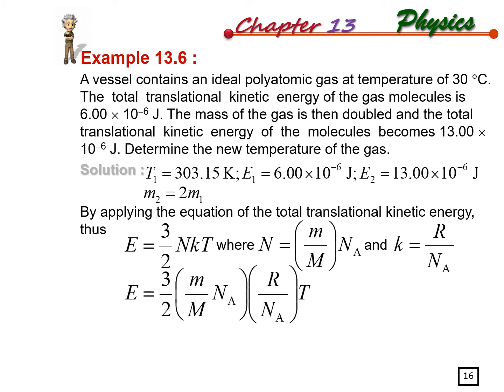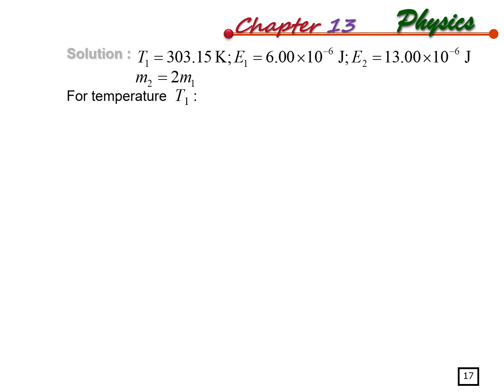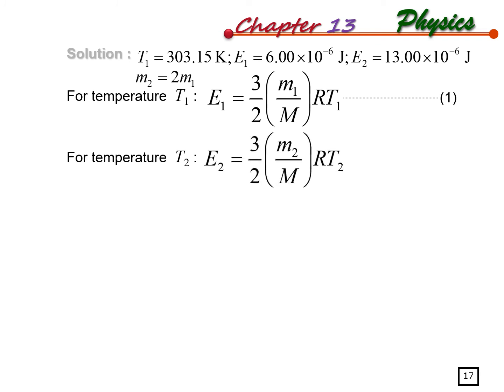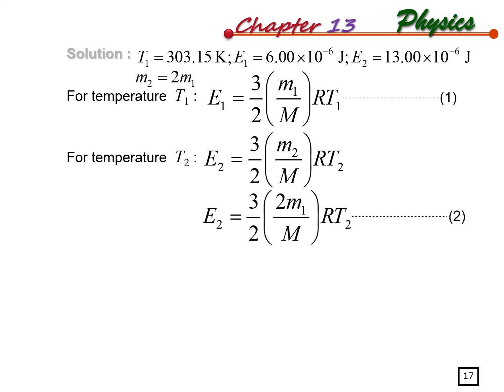Replacing in the values, expanding, then simplifying, we end up with 3/2 times mass over molar mass times the constant R times T, the temperature. Since we now have two temperatures, we can form one equation for T1, which ends up with E1, and another equation for T2, which has the amount of energy E2. We end up with equation 2.